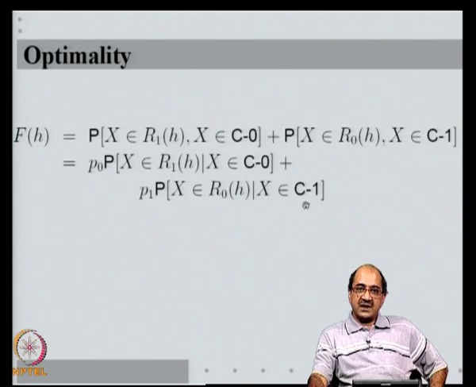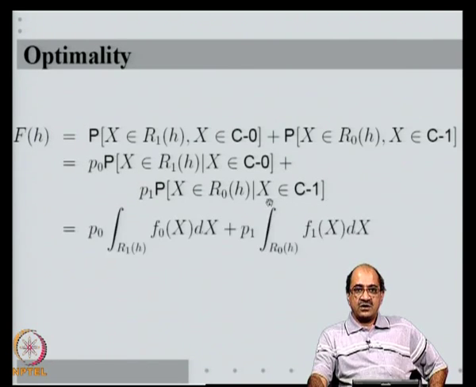Now, we know that conditioned on X belonging to C0, the random variable X has density F0. Similarly, conditioned on X belonging to C1, the random variable has density F1. So, I can write both these probabilities as integrals of the corresponding density functions over appropriate regions. So, this becomes the value of F of H.